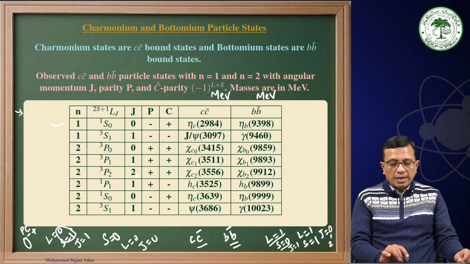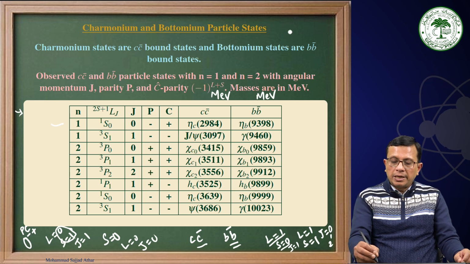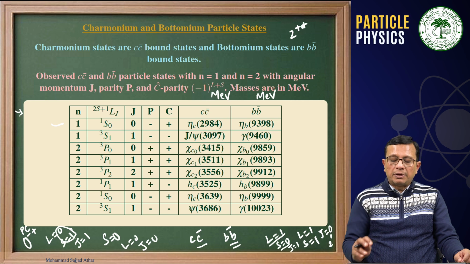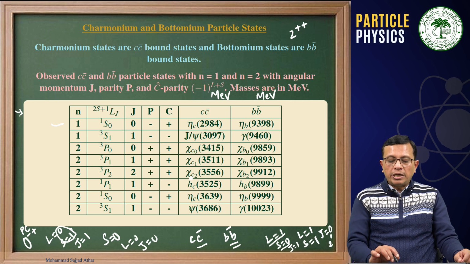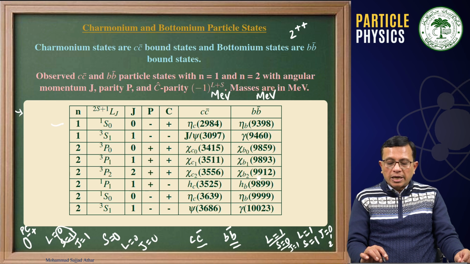Similarly, here if I take this example, 3P2, this will be represented by 2 plus plus. 2 plus plus charmonium state corresponds to chi C2 at 3556 and bottomonium will correspond to chi B2 at 9912.